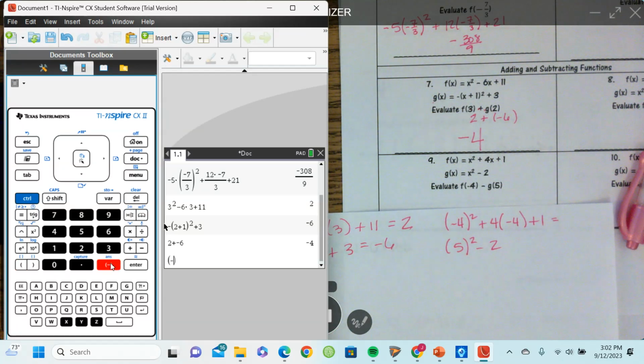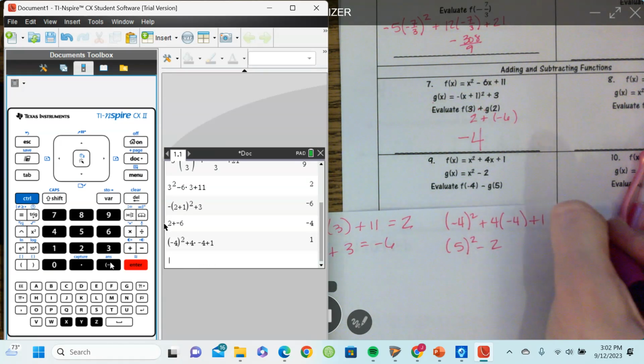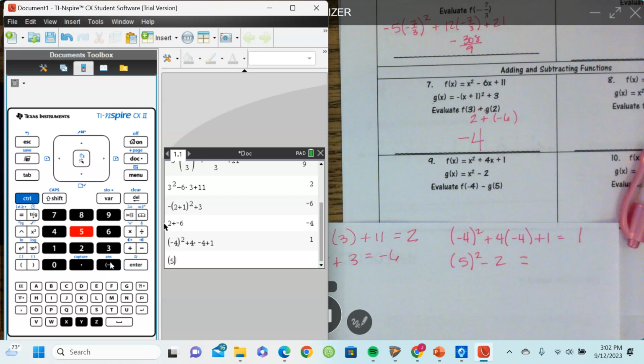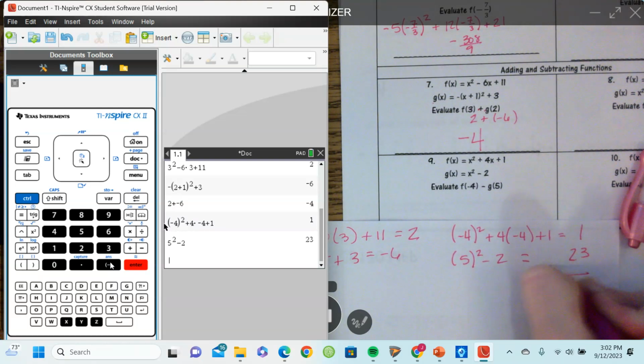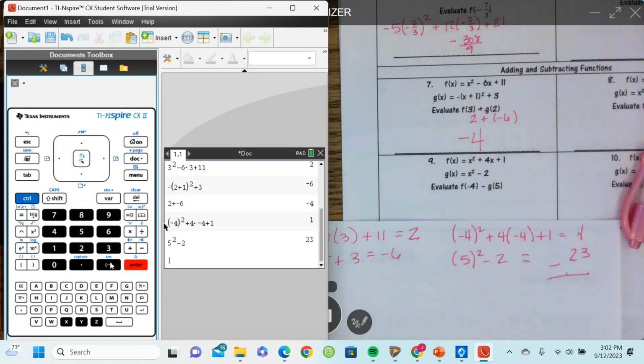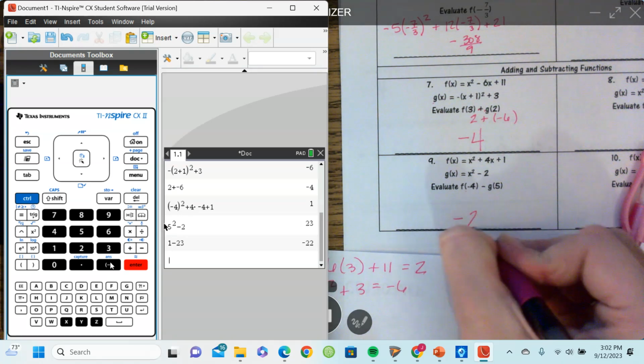Okay, so -4 squared plus 4 times -4 plus 1 equals 1. And then 5 squared minus 2 gives me a 23. So when I subtract, I'm going to do 1 minus 23 because that f comes first. And I get -22.